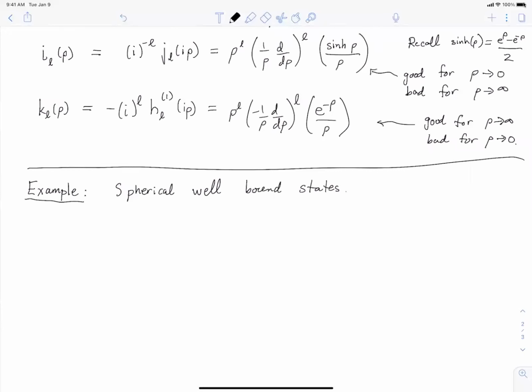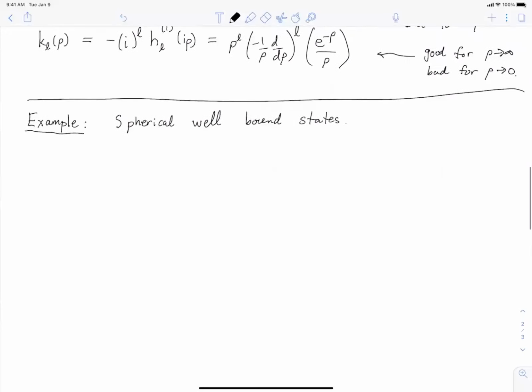Okay, and so bound states, so first of all, let's draw what the potential is going to look like. So as a function of r, we're going to have it be a constant negative value inside the well, and then it's going to be 0 as we go off to infinity. So here it's minus V0, and here it's 0.